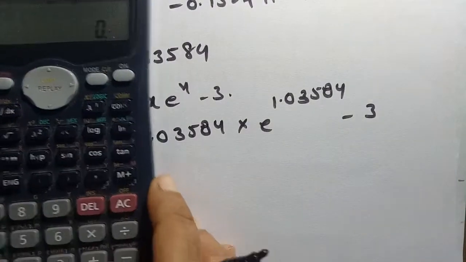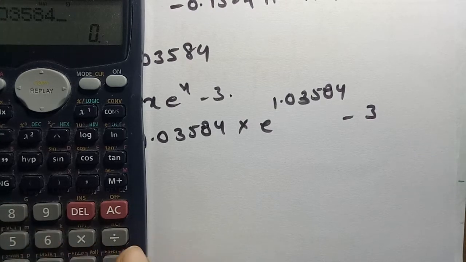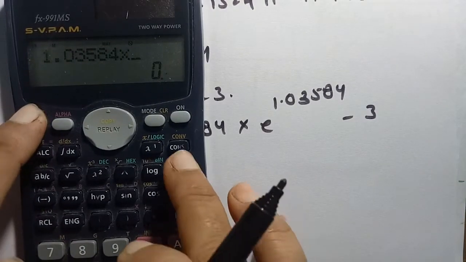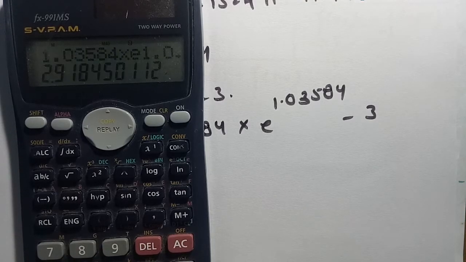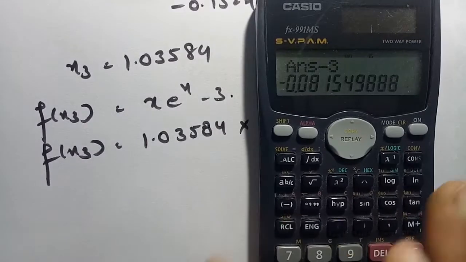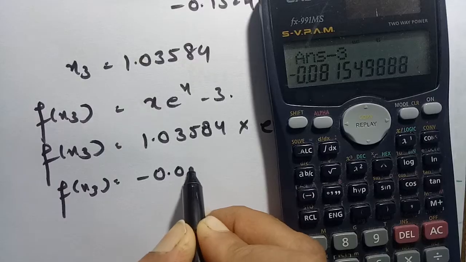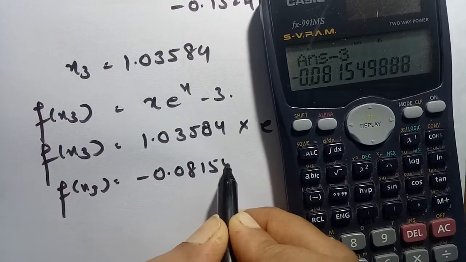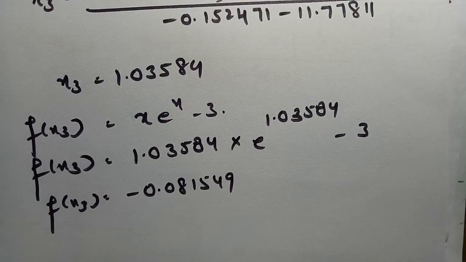So this value is 1.03584 into e power 1.03584 minus 3. So the value here is f of x3 value is minus 0.081549. So we got the value of x3 as well as f of x3.